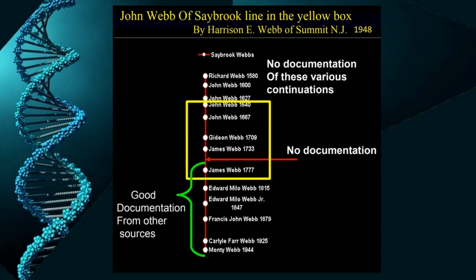If you go look at the record on Family Search today, well, I'm still alive, so you won't find me. But starting with my dad, Carlisle Farr Webb, you can go up and there's perfect documentation of us all the way up to James Webb 1777.